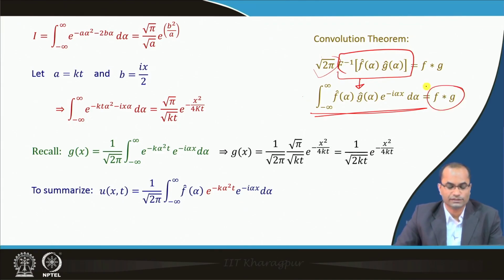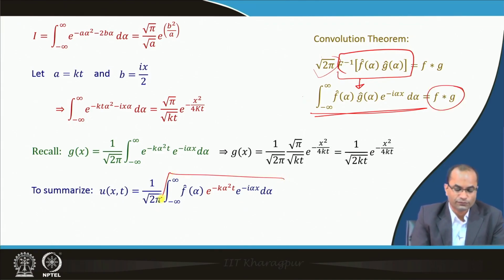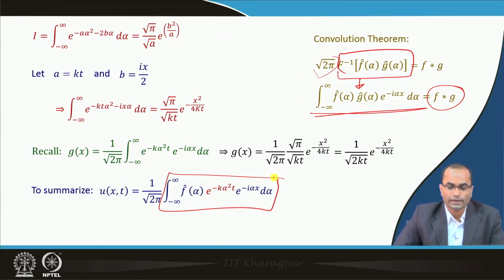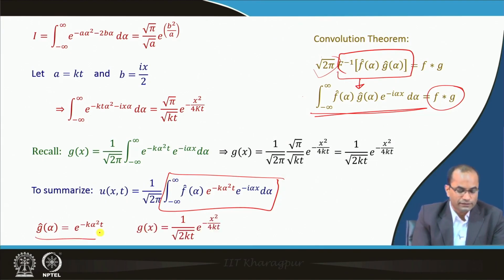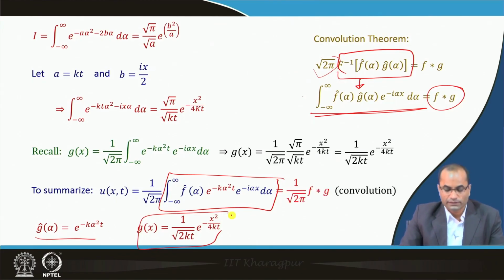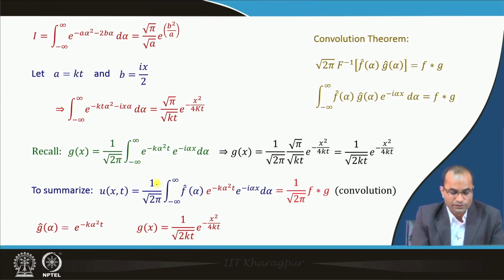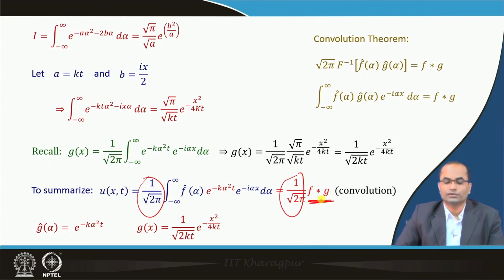We have f star g. So, we have now for this integral we will write down f star g. This factor will remain as it is. That means, this g alpha implies that we have this g x, which we have already evaluated. So, we have 1 over square root 2 pi and then f star g, that is the convolution theorem.